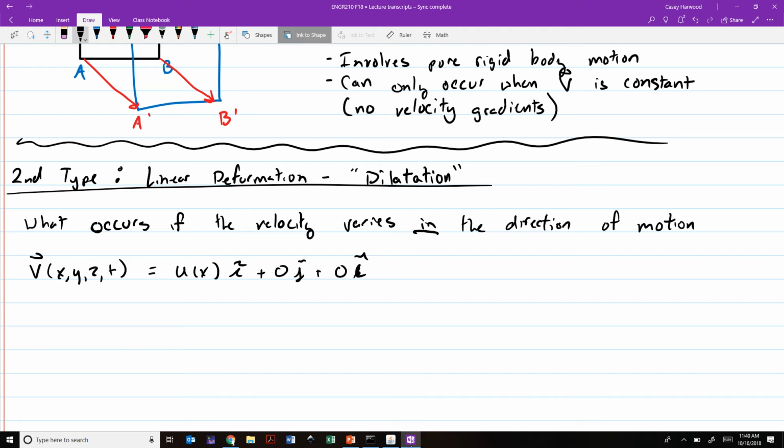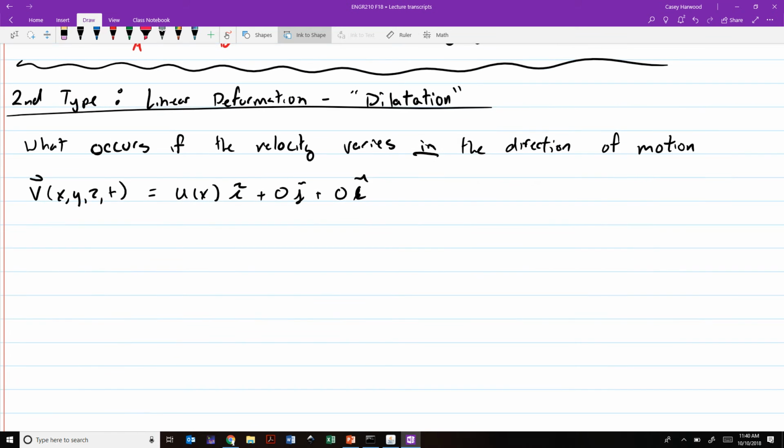So if we start out with A, B, C, and D at time equals 0, and we wanted to write the velocity at each corner, we could say maybe the velocity at A is u.